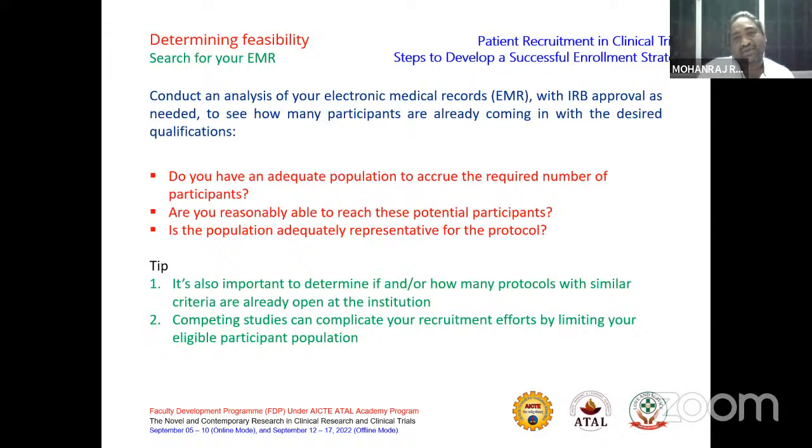Number one is to accrue the required number of participants. That is, how many participants benefited from the previous study, how long the study was, and the potential participant data, like the explanation of the merits and demerits of the study, and what the percentage of willingness was. All of this can be explored by reviewing the electronic medical record of the particular organization.